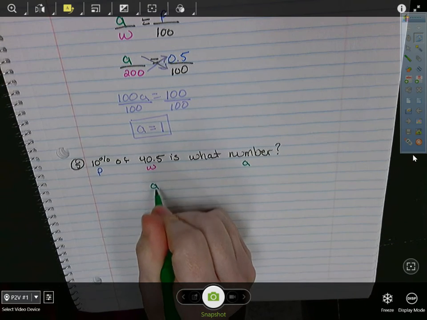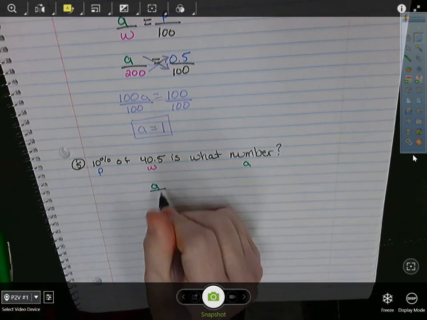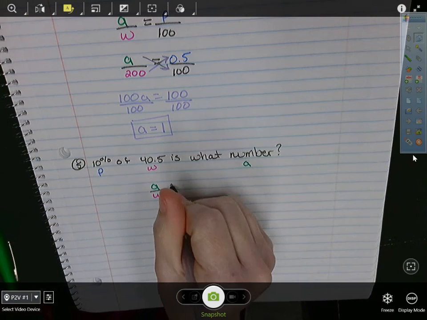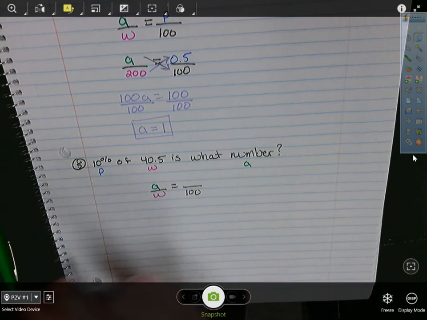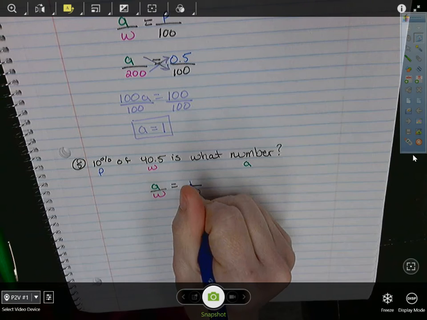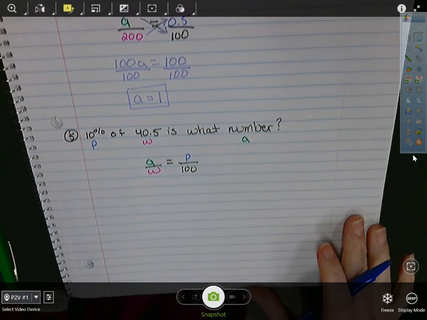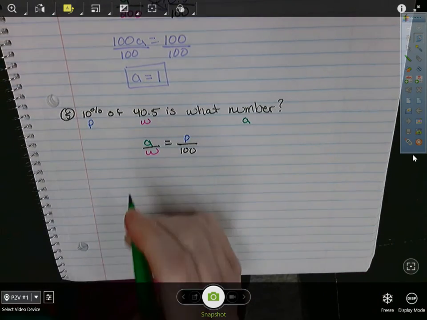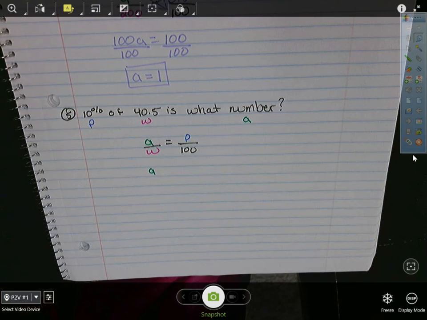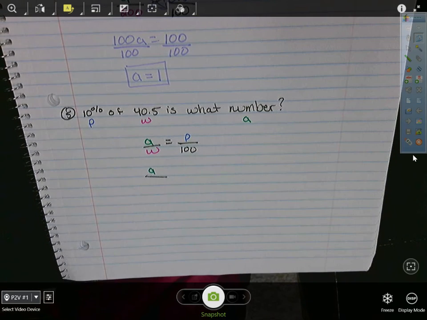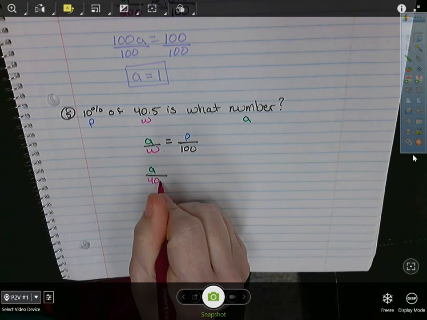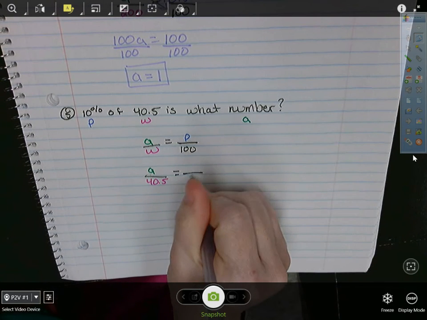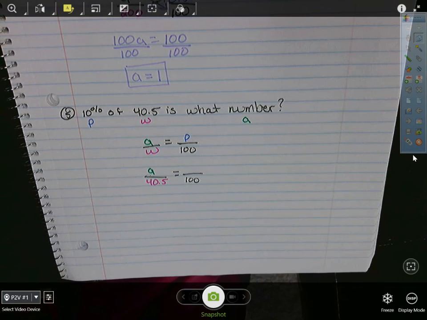Okay, so we put A over W equals P over 100. For A, I don't know what that is, so I'll leave it as A. For W, we plug in 40.5 for 40 and a half, or 40 and 5/10. Multiple different ways of saying it. And for my percent, I substitute in 10.